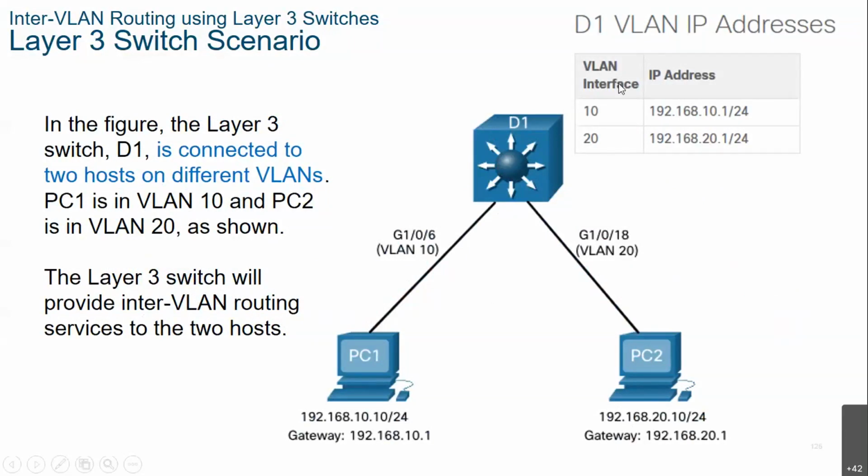On D1, we have the VLAN interface, G1/0/6 and G1/0/18, which will be assigned to the VLANs and then be given IP addresses.